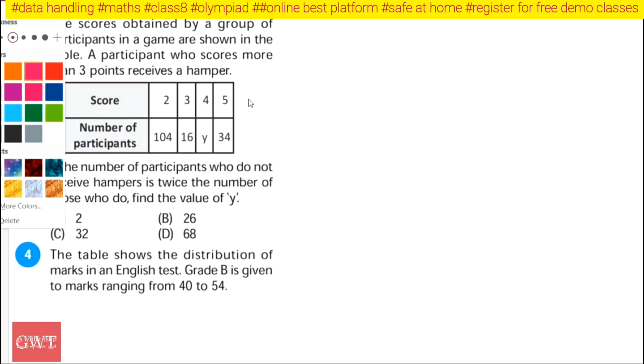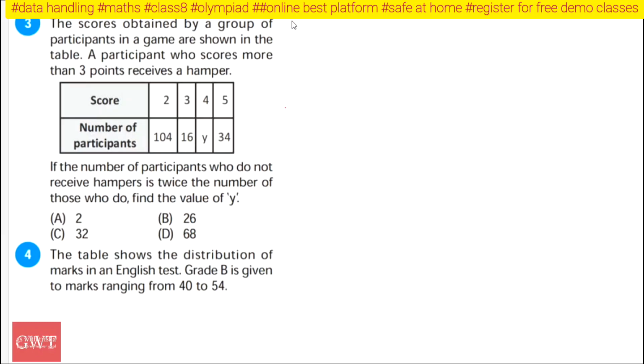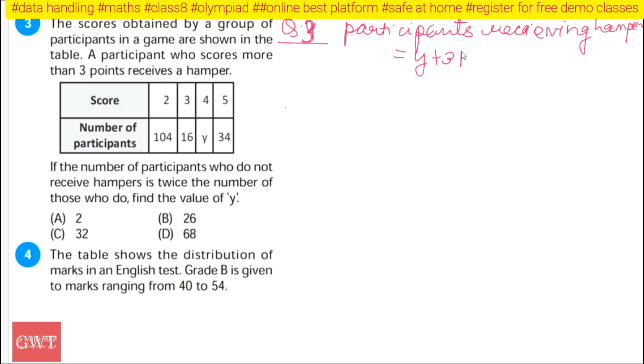How can I start? See, I will say participants receiving hampers. Question number 3, sorry. Participants receiving hampers: this is y plus 34, because those who score 4 or 5 are the only ones receiving hampers.